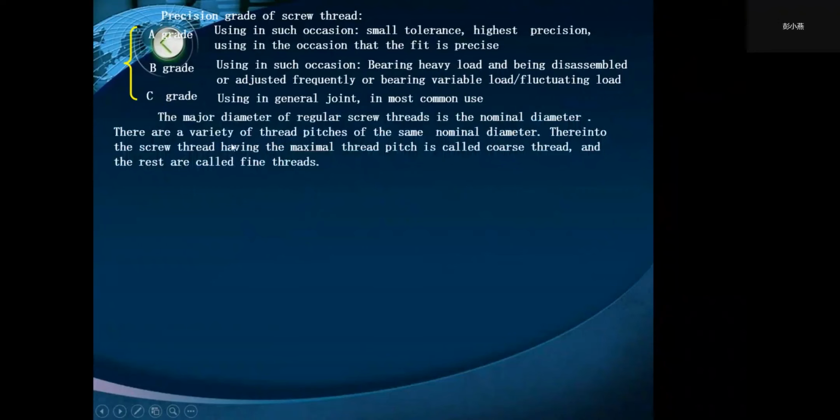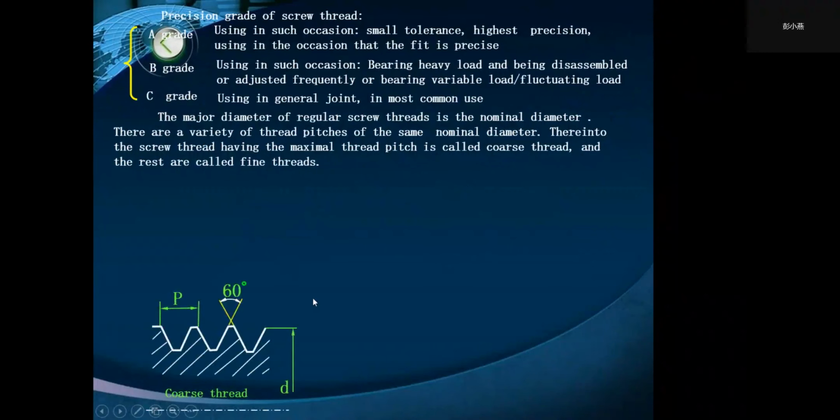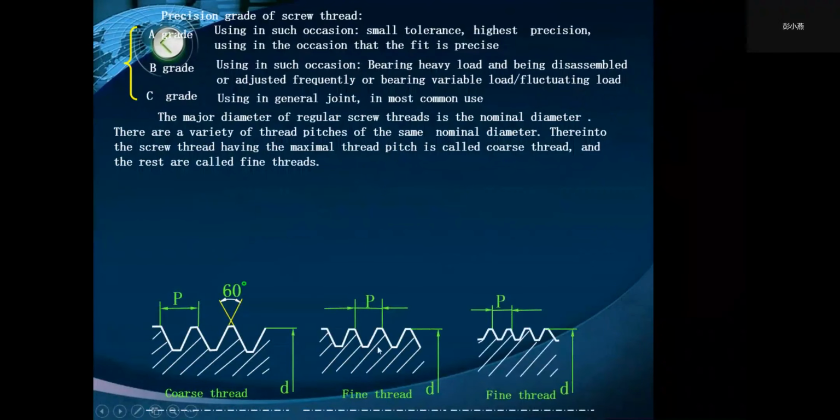And the major diameter of regular screw thread is the nominal diameter. There are a variety of thread pitches of the same nominal diameter. For example, for this screw thread, the major diameter or the nominal diameter is the same, but their pitches are different.